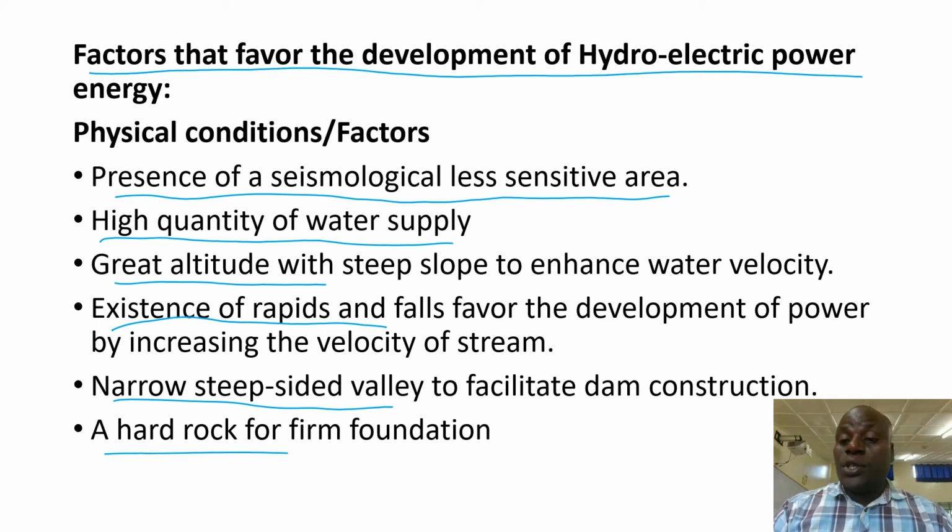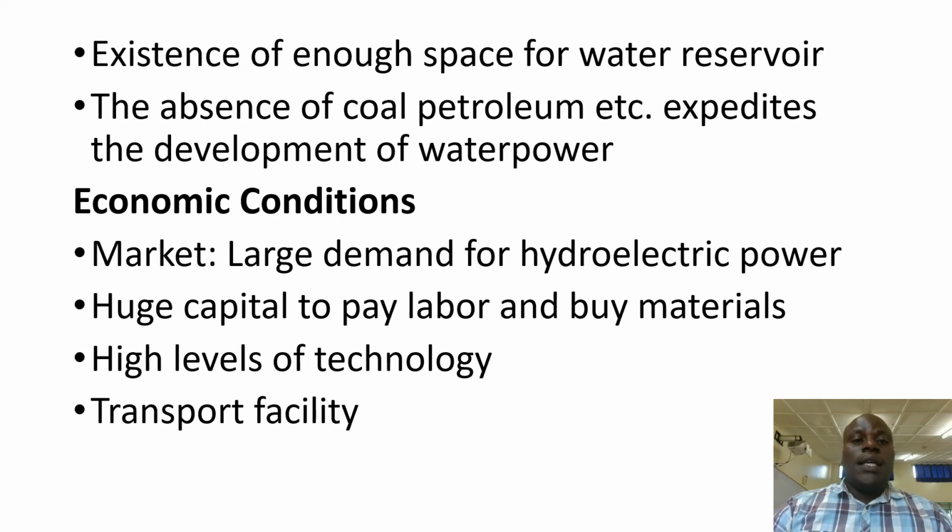If the rock is soft, the dam will collapse. Existence of enough space for a water reservoir. Behind the dam, there must be an extensive space where water collects to form a reservoir.